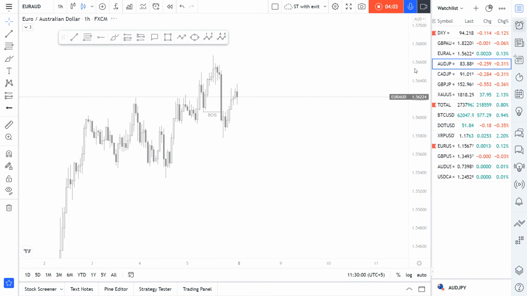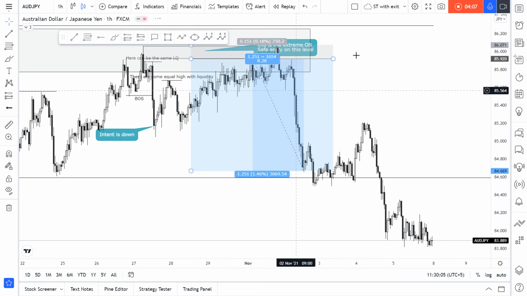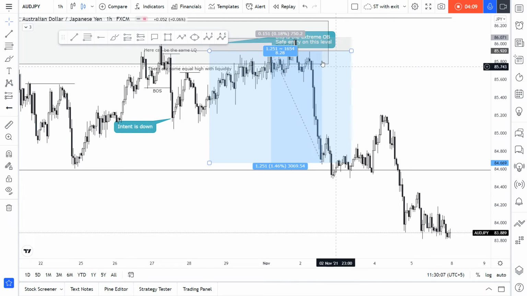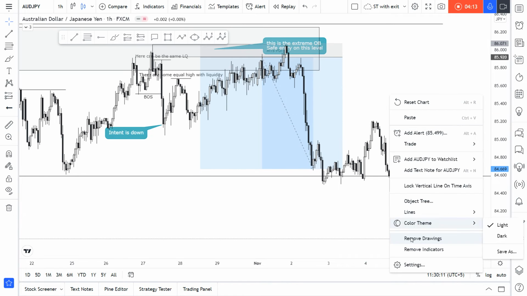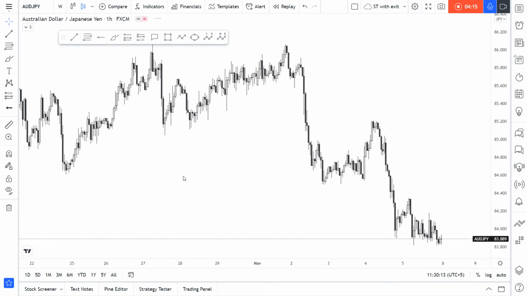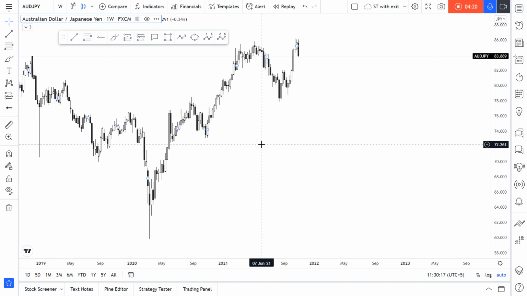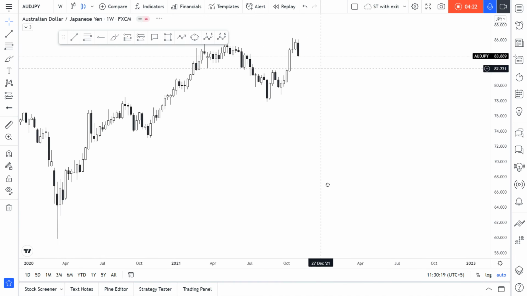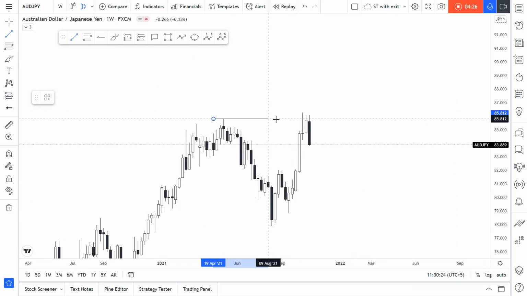Okay, next pair, AUDJPY. If you remember, we got this sell call, so it worked out perfectly, 1 to 8. Let's delete it and go to the weekly time frame. On the weekly time frame, we can see that we swept those highs and grabbed some liquidity.